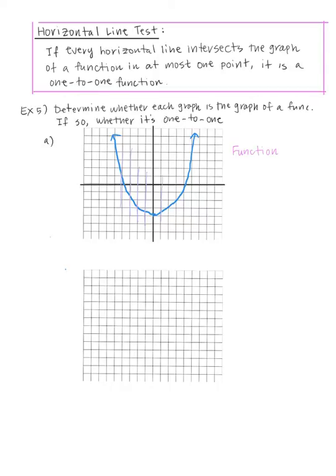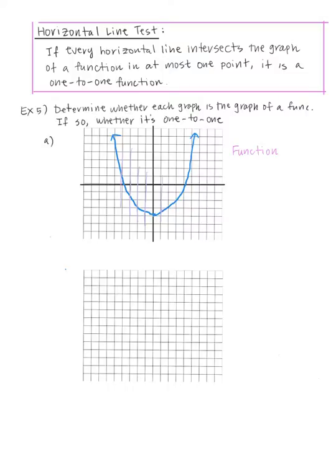Now let's determine whether this is going to be a one-to-one function. According to the theorem, the function is one-to-one if it passes the horizontal line test. What does it mean to pass the horizontal line test? If you draw a horizontal line anywhere along the graph, it better intersect the graph at most one point. So if it intersects at 2 points, it is not going to be a one-to-one function.